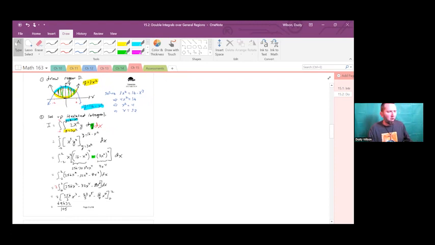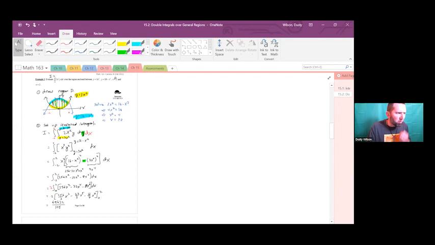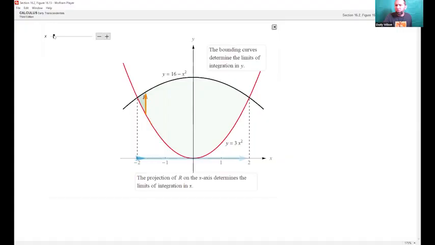And so our question was pretty simple. We needed to evaluate the integral. To do that, we drew our region D, then we set up and evaluated our iterated integral. Let's look at a couple of manipulates to make sure we understand the picture of what's going on in this question. So here is our region D that we drew.